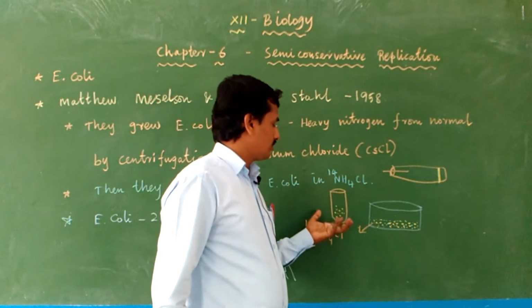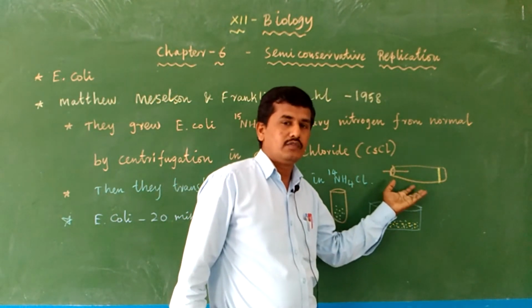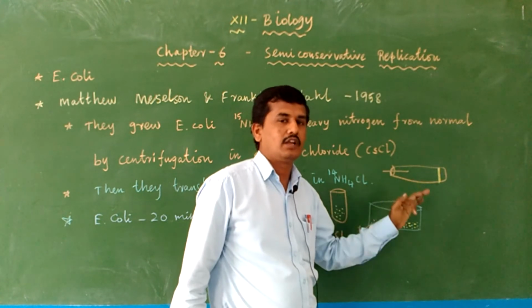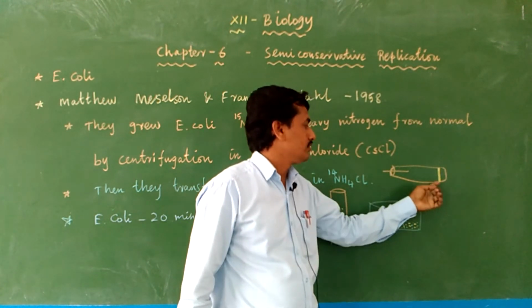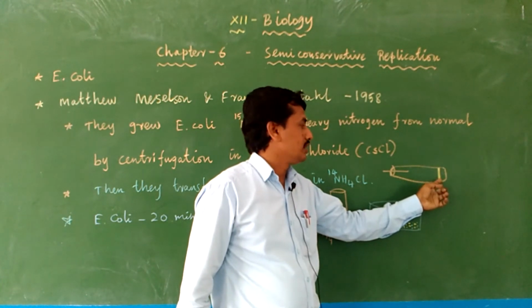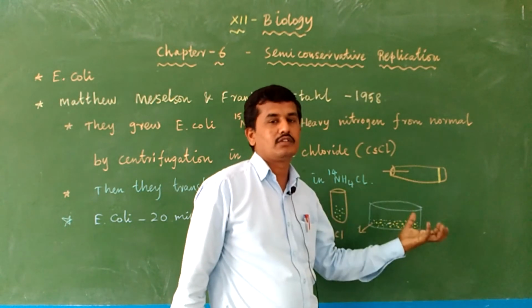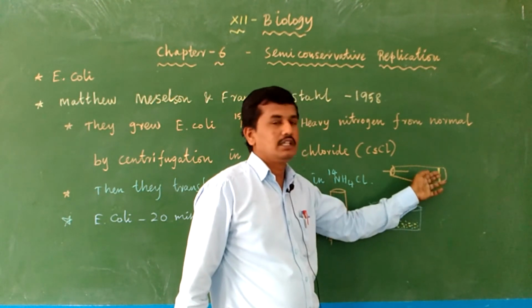After this experiment, we look at the centrifuge tube. After the centrifugation procedure, we see the bacterium in the lower bottom of the test tube, because N15 is a heavy substance, so it settles in the lower part.